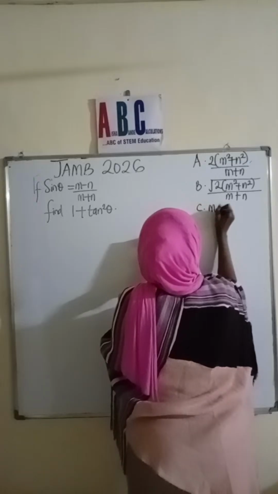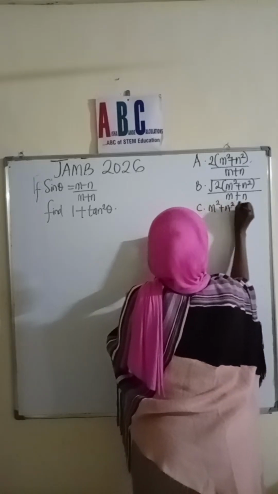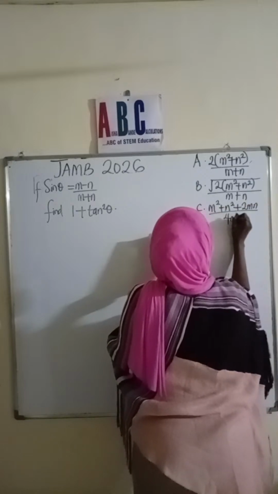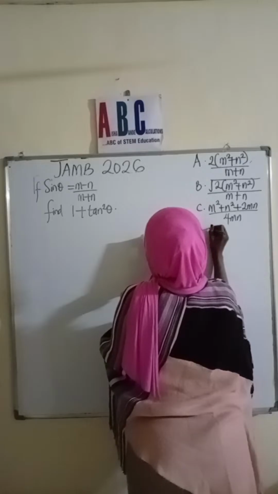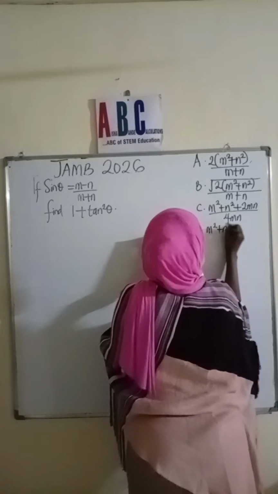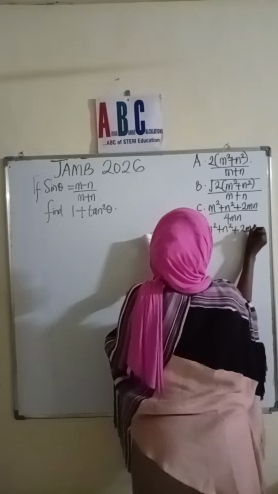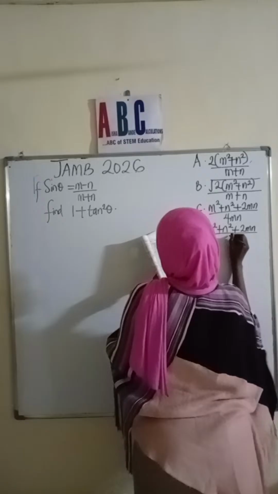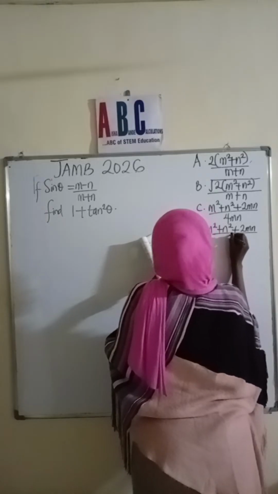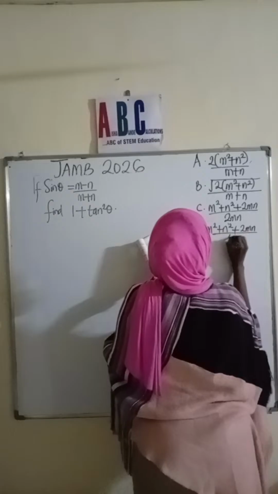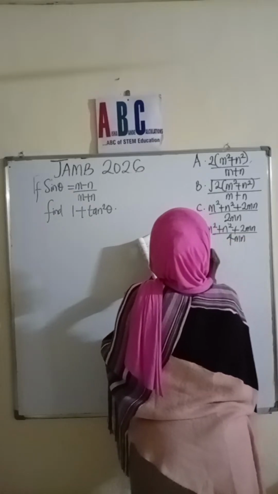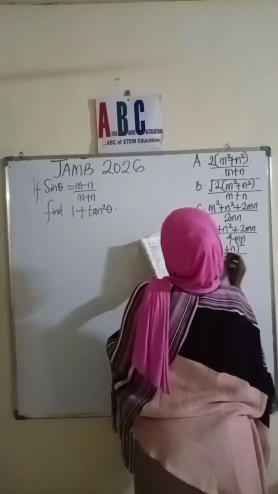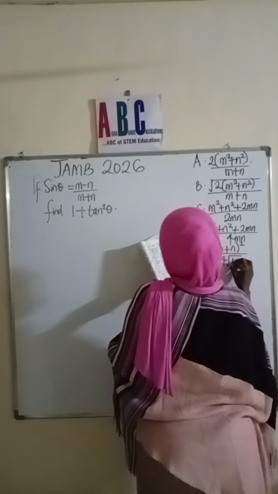Option C is m square plus n square plus 2mn divided by 4mn. Option D, m square plus n square plus 2mn over 2mn. Then the last option, m plus n all square all over 4 roots mn.